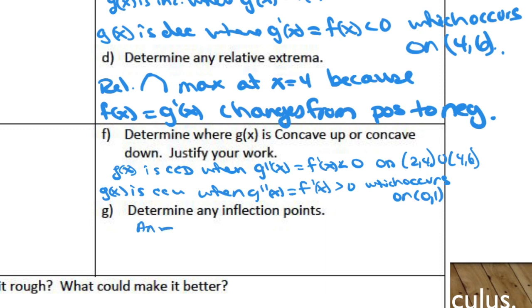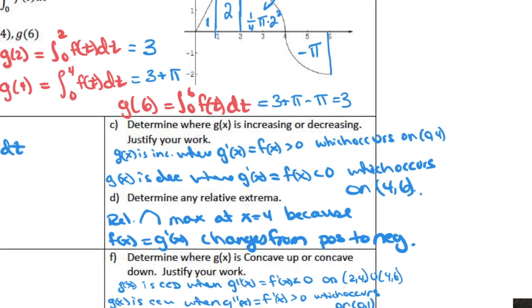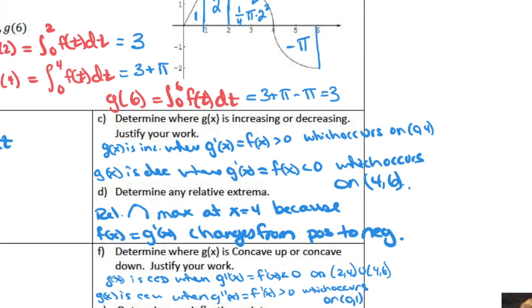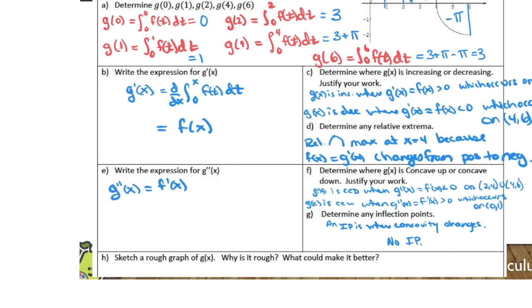An inflection point is where concavity changes. And in this problem, when we look at it, there are no inflection points because the concavity didn't change at any of those values on our interval. So there are no inflection points.